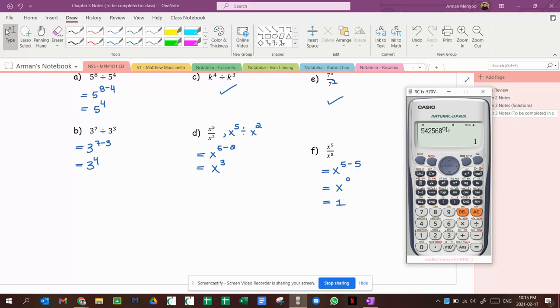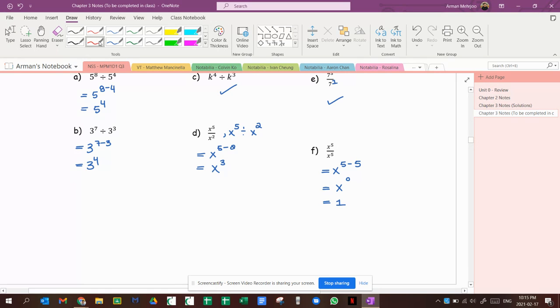Any number raised to the exponent 0 is always 1. That's actually so important that I'm going to write it down. Always. So make sure you guys write that down as well.